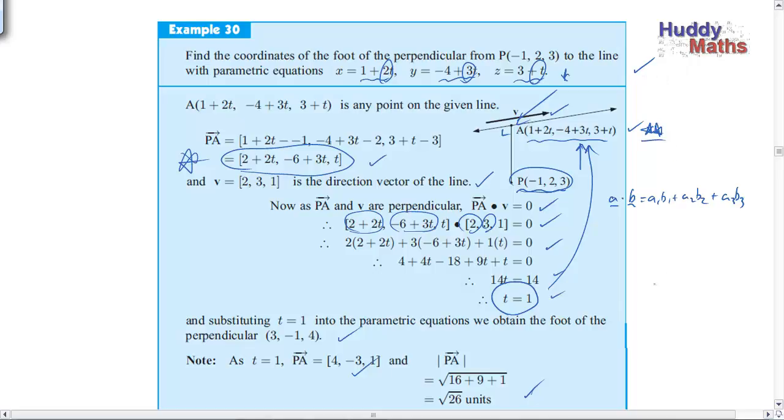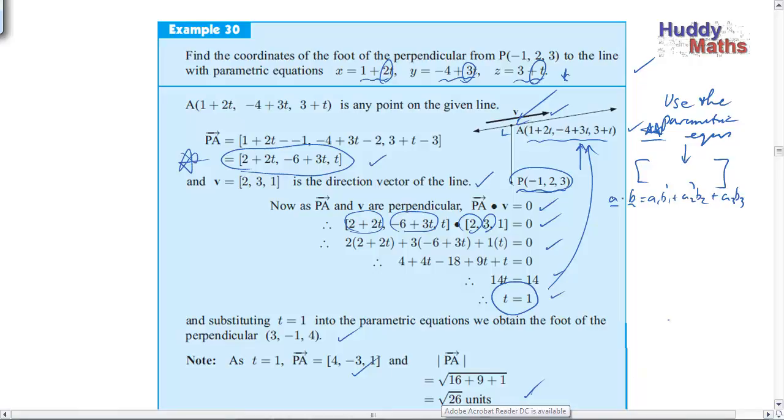If you're trying to find a point on a line, use the parametric equations there to generalize that point. So you're going to call it the parametric x, y, and z. And then you're going to go and find t to find the specific point that's locked in by that t value.